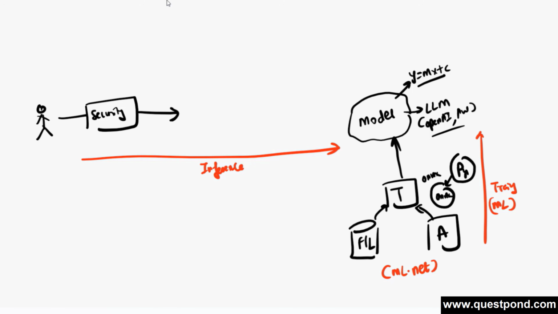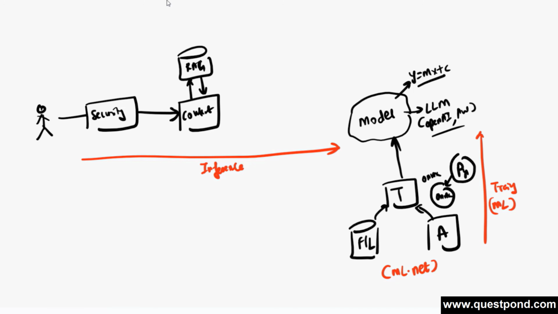For example, if you say, I want to get the capital of India, what capital? Financial capital or the capital of India? So basically you need to give a context, and in order to give a good context, you need to use something called RAG.